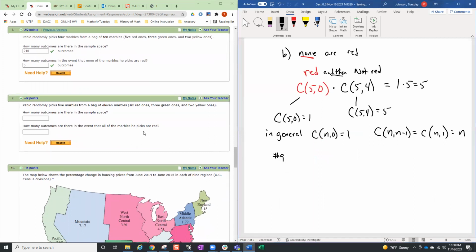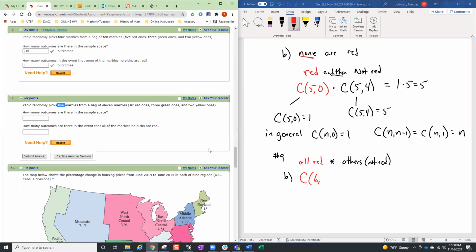In this case, all are red. I'm just going to look at B. So I would look at all red and then multiply the others, which are not red, right? Because we know it's either E or E complement. They're either red or they're not red. So of the red ones, there are 6 red ones.